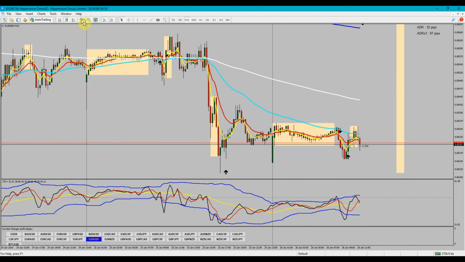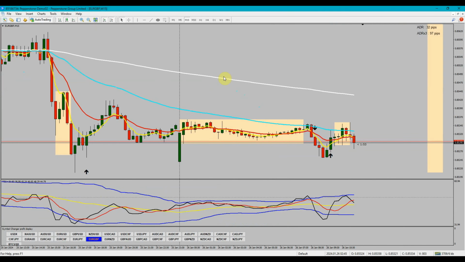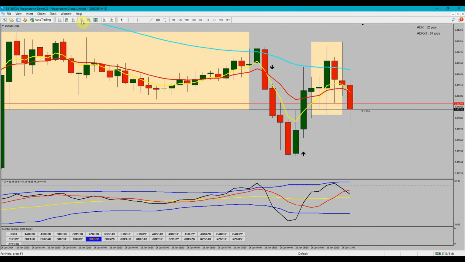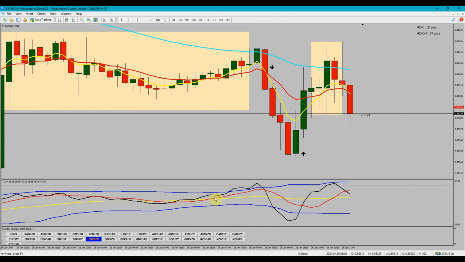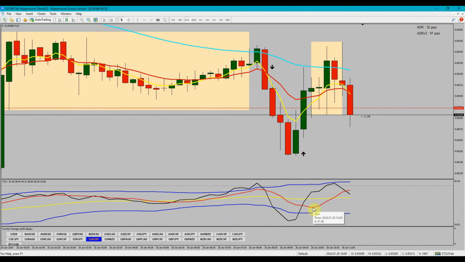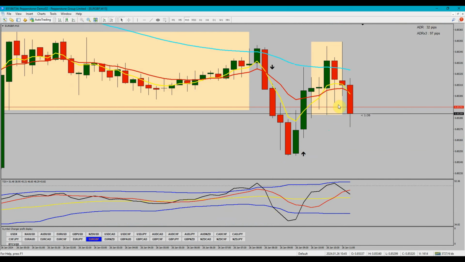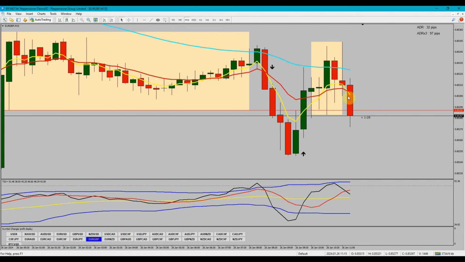Okay, so now that we know that we're in a downtrend on the daily, and we are in a downtrend on the 15-minute, the next thing I want to see is an entry trigger that aligns with my TDI. So I am looking for either a close below my 13 EMA on my 15-minute, or I may look for my 5 and my 13 to cross on my 15-minute chart.